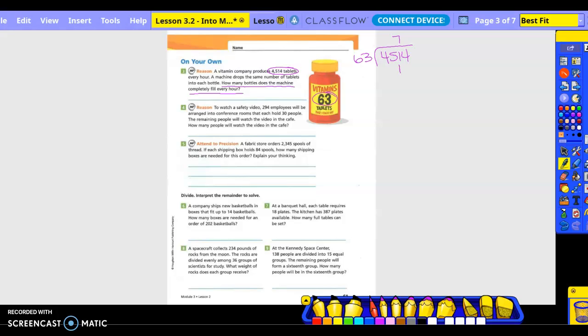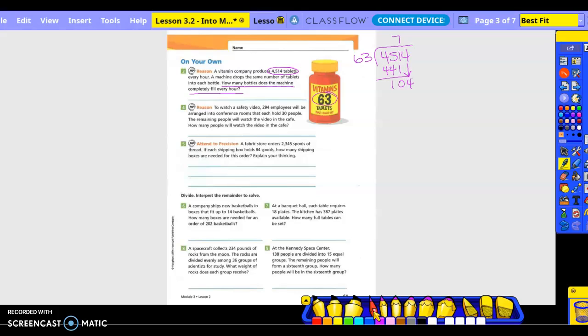Mentally carry the 2. 7 times 6 is 42. Oh, plus 2. Yeah, it should have been plus 2. So this should have been 44, right? There we go.